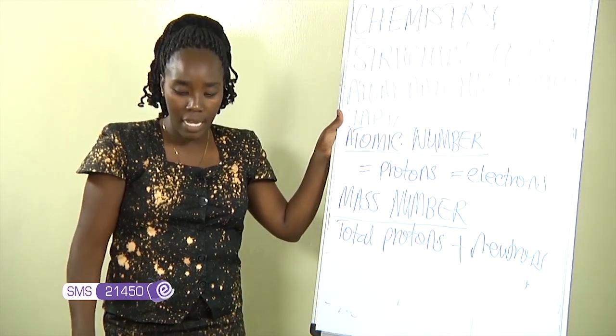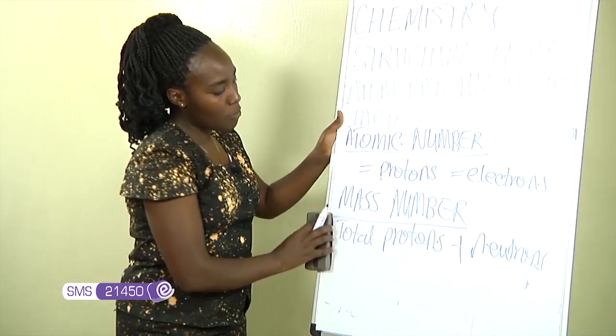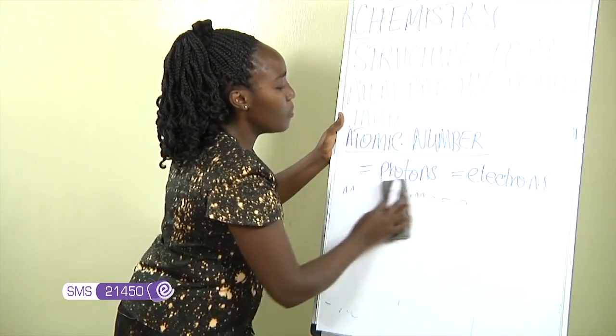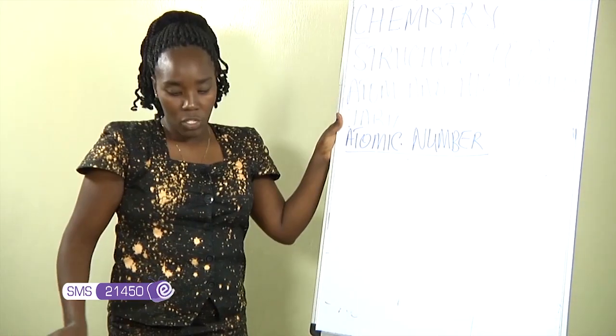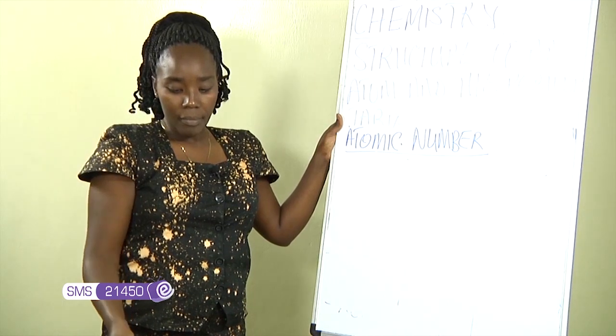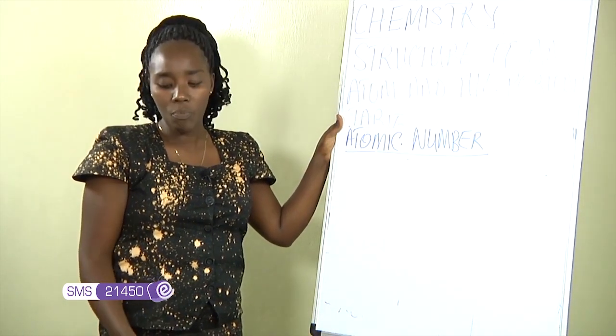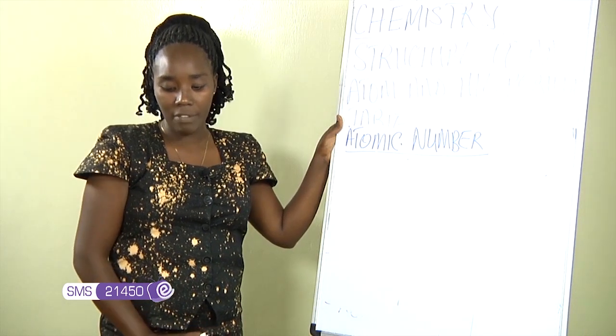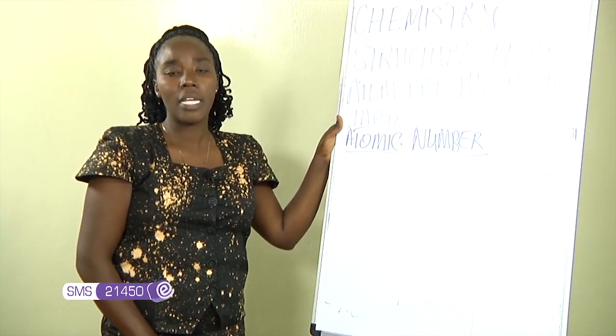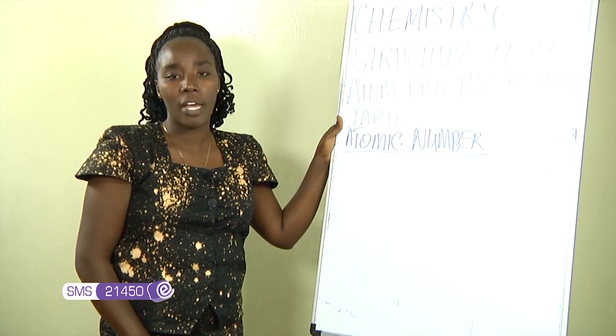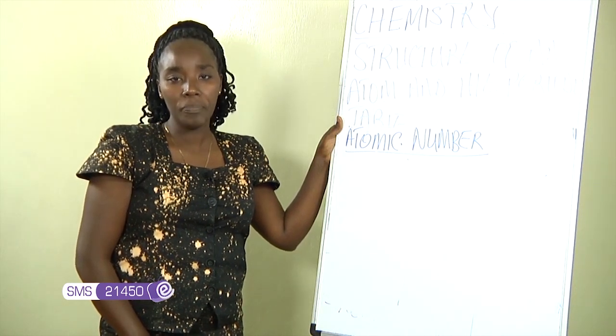So before we come to the end of our lesson, we need to have an assignment that is going to help us to simply go through what we have just learned. It will give us a summary of what we have learned. So I want you to redefine what we mean by an atom.